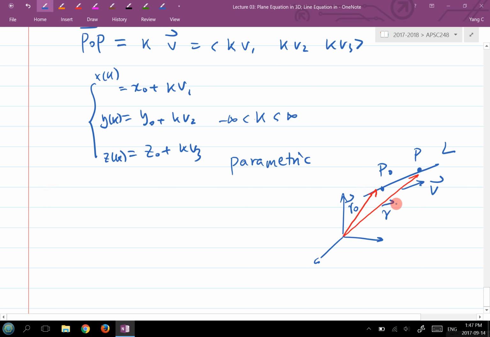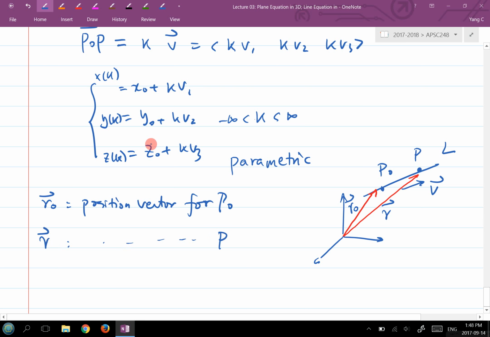So R naught is the position vector for P naught, and R is the position vector for P. Why am I doing this? Let's go back to this parametric equation.